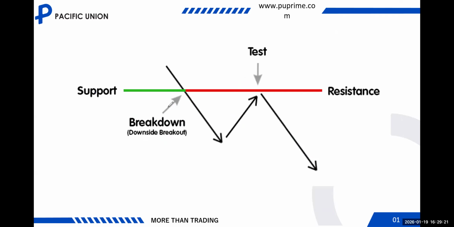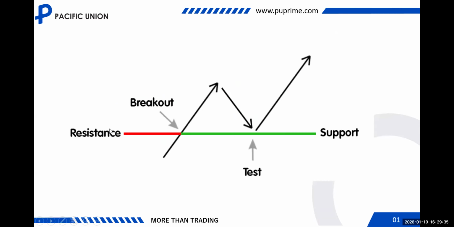So this is just another picture showing that you can see this is the support level. Price broke support, retested the support as resistance. Then from there, you can generate a sell signal to the downside. Again, at a resistance level, price breaks a resistance to the upside, retests the resistance as a support from where you can generate a buy trade to the upside.